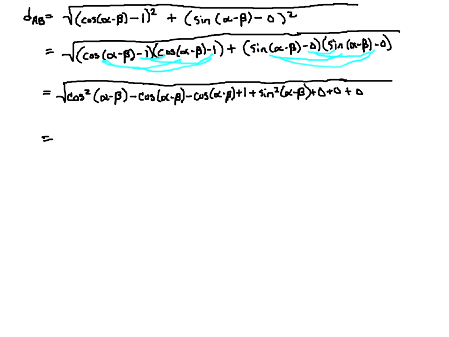All right, so here I have cosine squared alpha minus beta, and I have a sine squared alpha minus beta here. And then I have like terms of negative understood 1 cosine alpha minus beta, negative understood 1 cosine alpha minus beta.